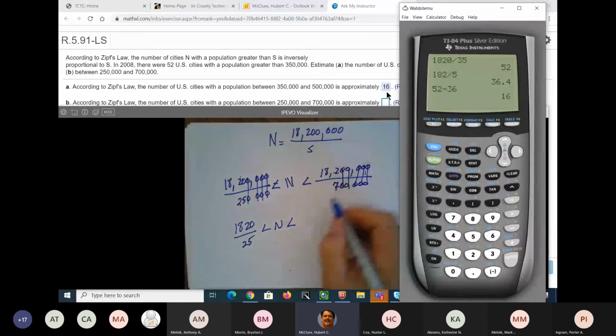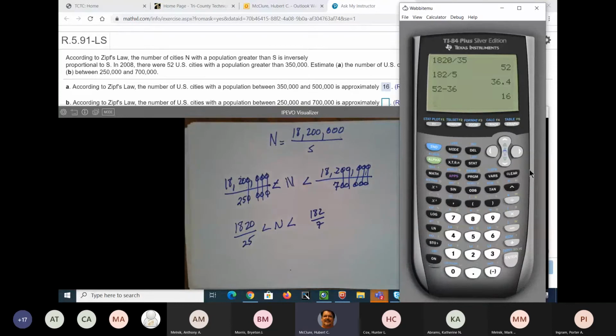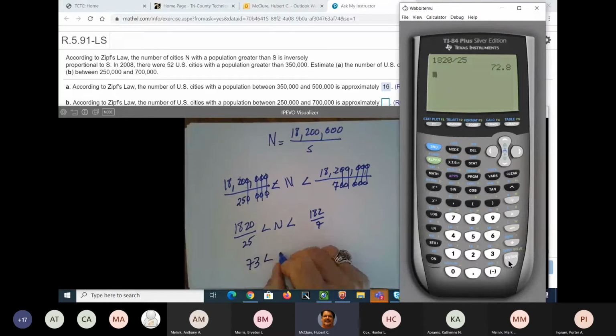(182/7). So we've got 1820 divided by 25. I get 73. And 182 divided by 7. 26.